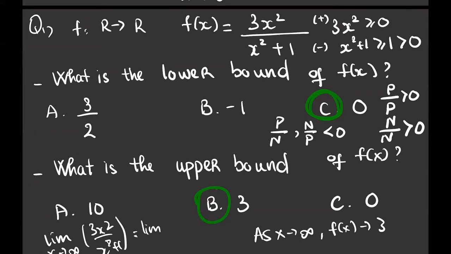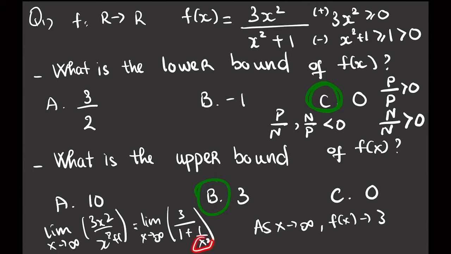You divide both numerator and denominator by x squared, you get 3 over 1 plus 1 over x squared. As x approaches infinity, x squared will get extremely large. So 1 over x squared will approach 0. So the denominator will approach 1 plus 0, which is 1. So the whole fraction here will approach 3 over 1, which is 3. Okay.